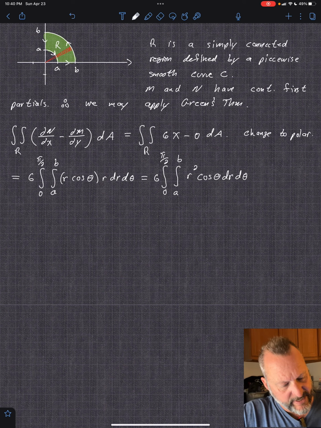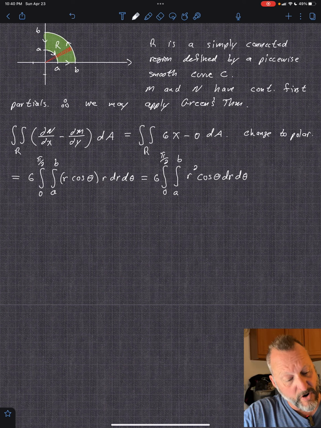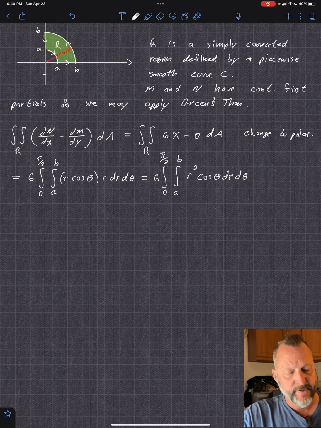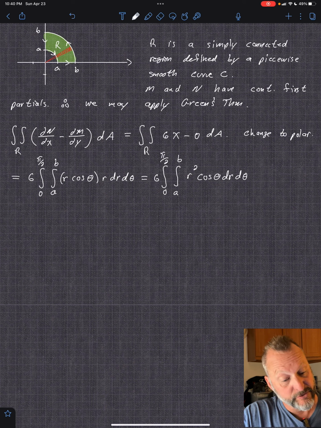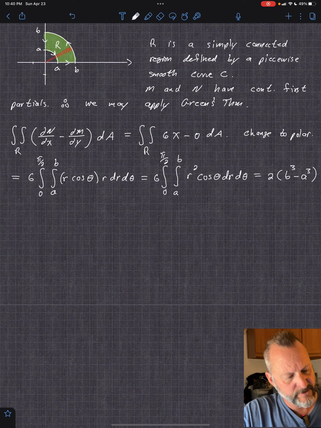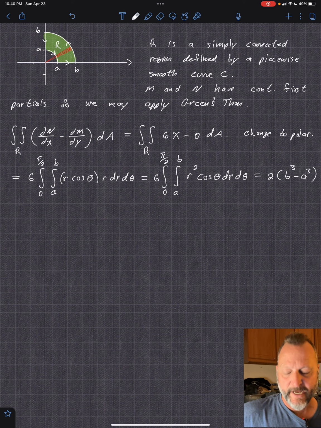So work that out. For r, you'll get what, 1/3 r cubed. Subtract, and then for cosine, you're going to get sine, and then it's just 0 to pi halves. So I'll let you do the calculation. But what you get is 2b cubed minus a cubed. Okay, so check that.